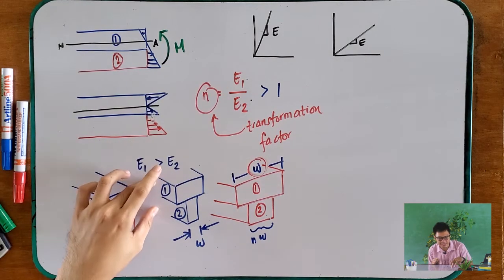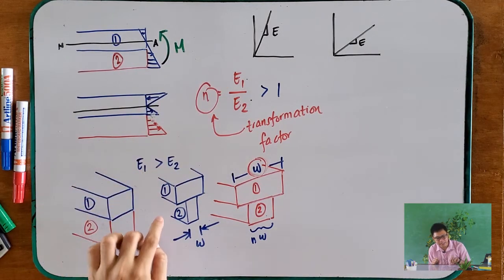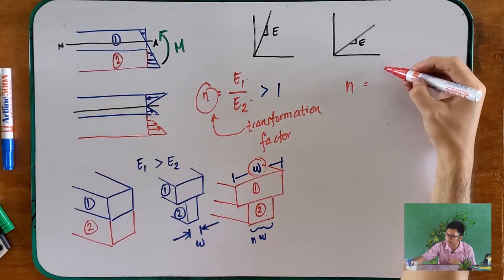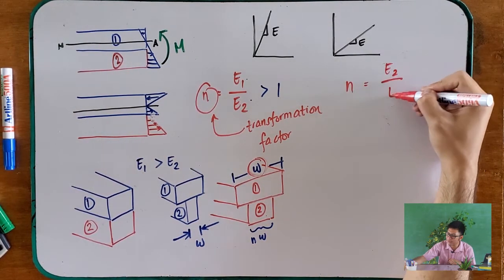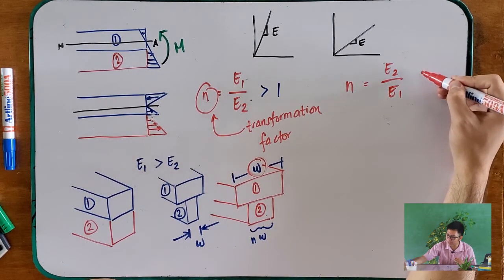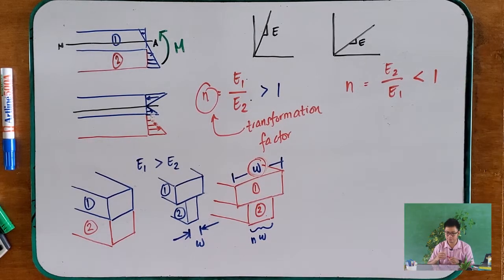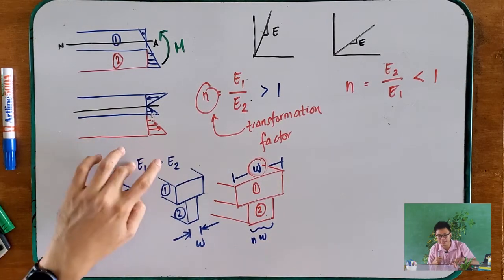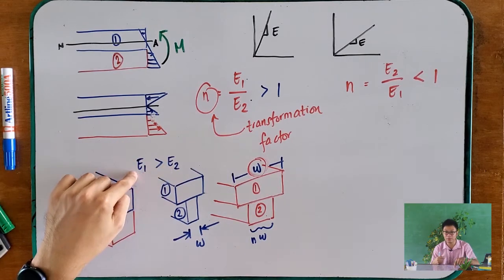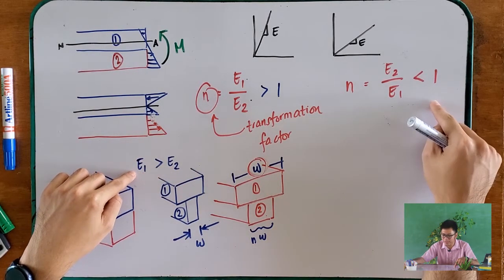But in this case, what you want to transform is the 2, you want to make it 1. And now that will be E2 over E1. And we know that this one should be less than 1. Because E1 is bigger than your E2. So if you divide the smaller by the bigger, that will be less than 1.